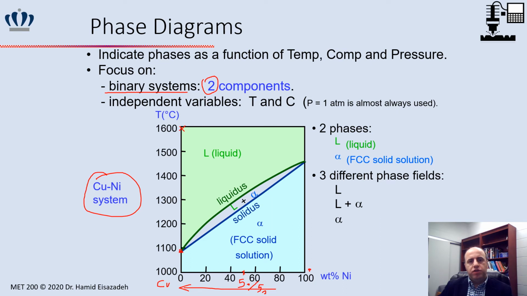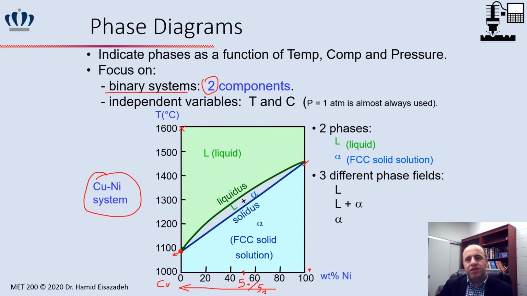And at this point, once we have 100% copper, the melting temperature of that material is going to be exactly the same as the melting temperature of pure copper, right? The same thing is valid for nickel. This is the melting temperature of the nickel. After that temperature, we have liquid. So above this temperature, we have liquid copper, but below it is solid.